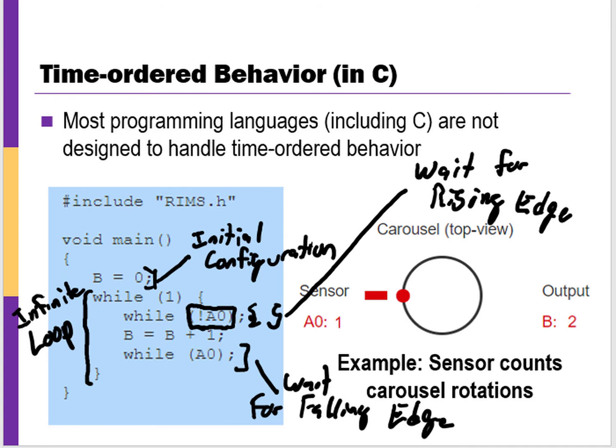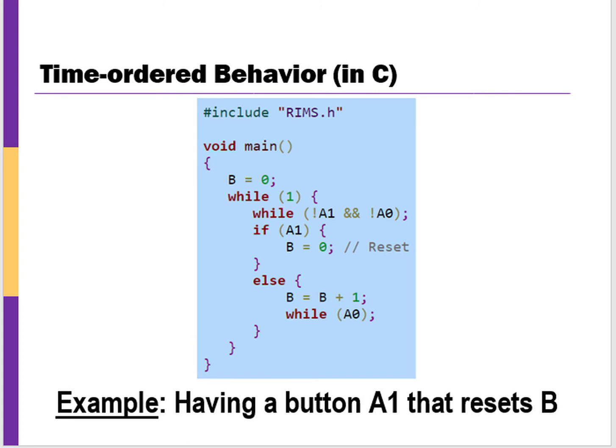That's a pretty simple functionality, just counting ticks of that sensor, and the code gets pretty nasty pretty quick. If you built something more sophisticated, this paradigm, which is similar to what we've seen in other C examples, is not ideal. So what we want to move towards is a better approach.